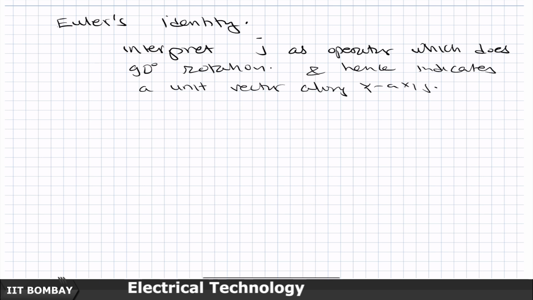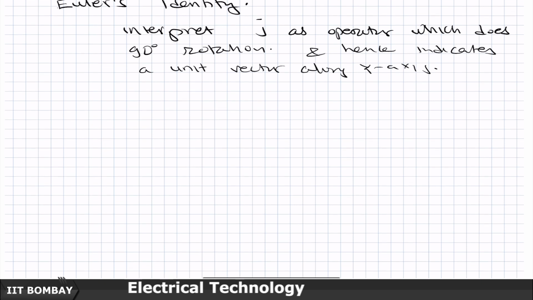So, this is the next task that I want to do, because until I have done this I have really not connected vectors and complex numbers, and before I launch into power related calculations I would like to put to rest this connection between the vectors, the j operator and the complex number.